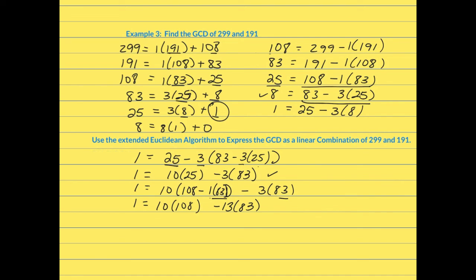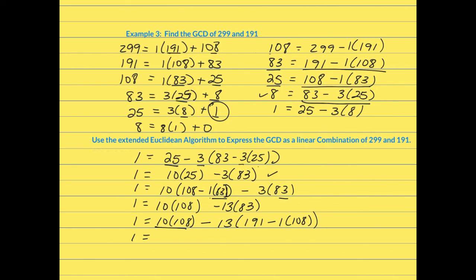Okay, so we're continuing up. We've got 2 more substitutions to do. Next, we're doing the 83. So we got 10 times 108 minus 13 times 83 becomes 191 minus 1 times 108. Combine like terms.